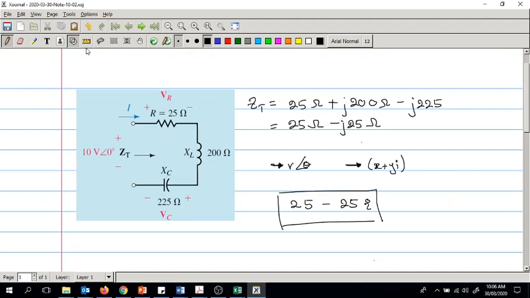So I'm going to do that. 25 minus 25i, equal, then I can convert that to r theta. This gives us 35.35 angle minus 45 degrees. Be careful to be in the correct angle mode, degrees or radians or gradients.